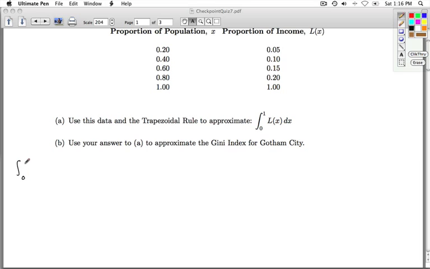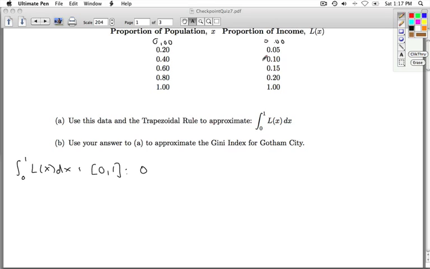So in our example, we're looking at the integral from 0 to 1, L of x dx. So the interval we're chopping up is 0 to 1. That means we should start off with 0 as a left endpoint. But you'll notice in my data I don't have a 0 for x. Well, think about what this represents. If I have 0% proportion of the population, what should the proportion of the income be?